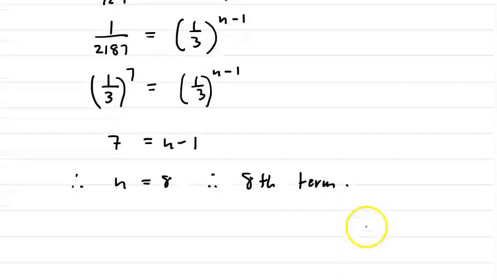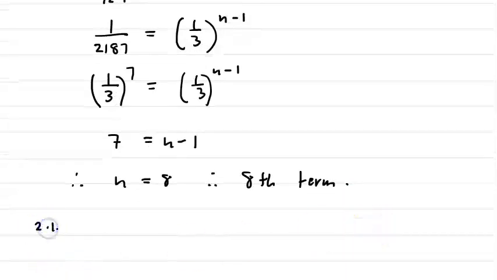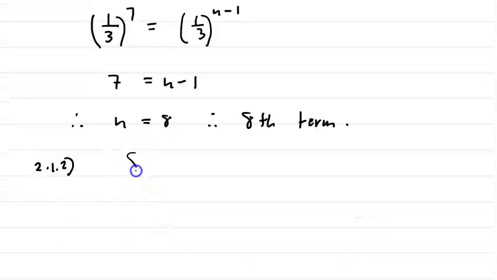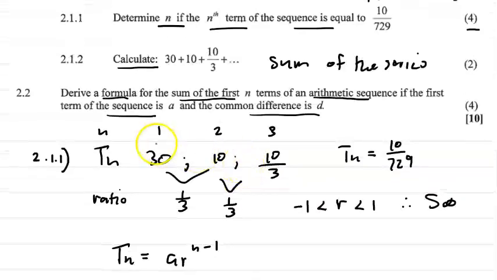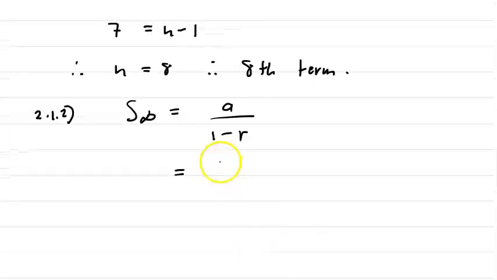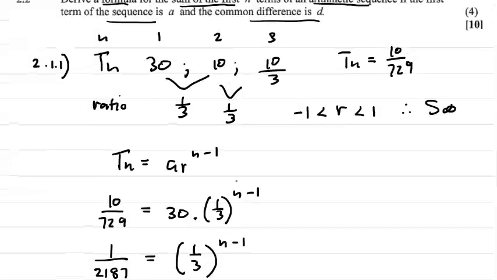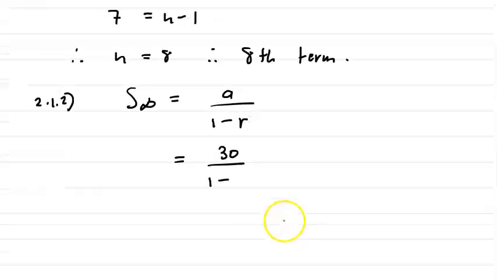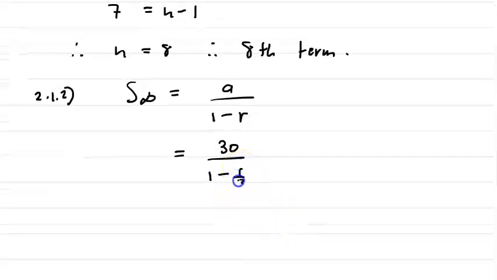So therefore, 2.1.2 is going to be the formula for sum to infinity, a all over 1 minus r. a is the first term, which is 30, all over 1 minus, and our ratio is 1 over 3.